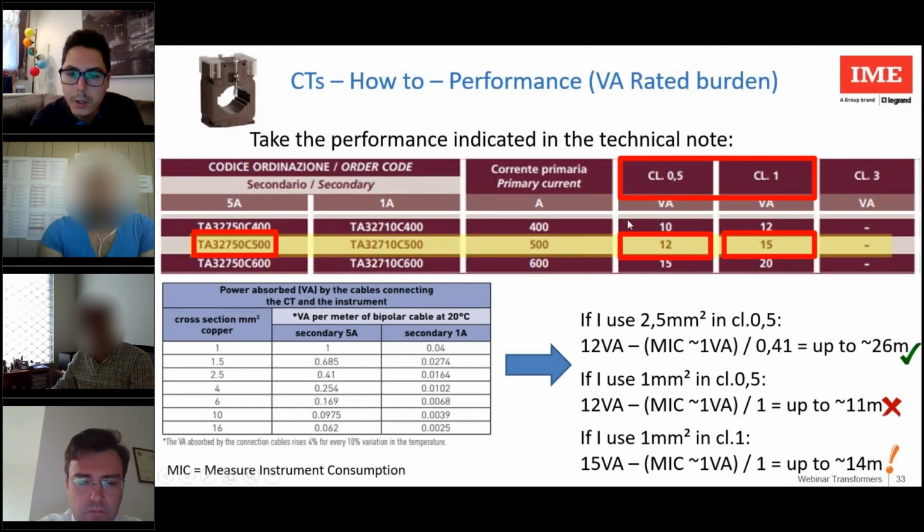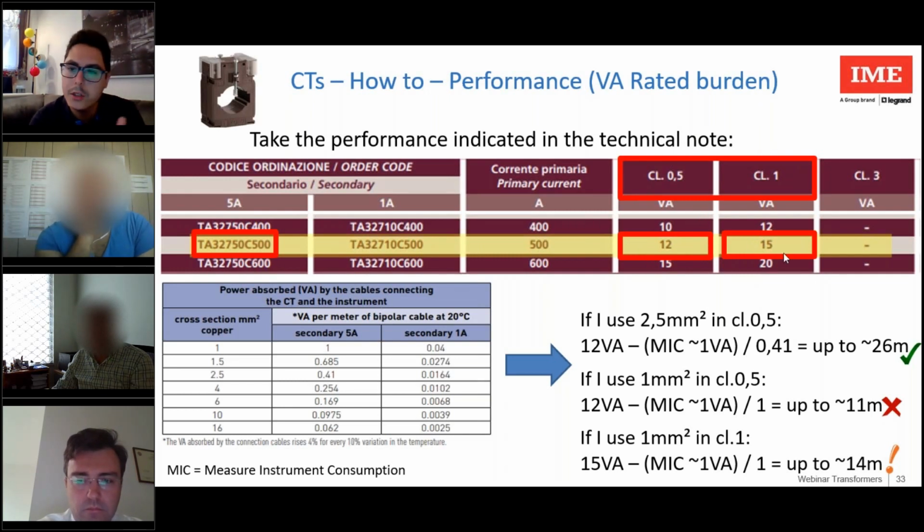When I reach the 12 volt amps, in this example 20 amps in class 0.5, and I exceed these values, I go to another class. I pass from class 0.5 to class 1.